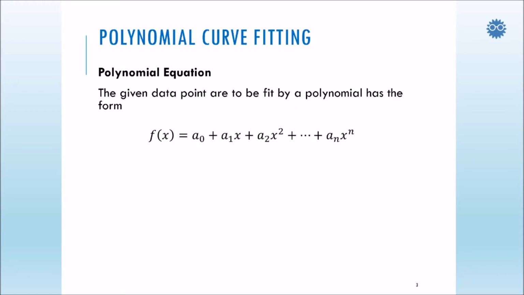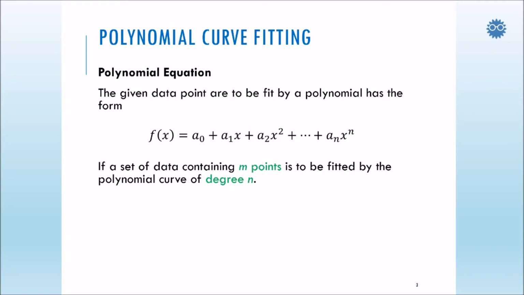First, let's see the polynomial idea. Here we have a polynomial that will be used in fitting data pairs given to us in a problem or obtained from lab data or so on.